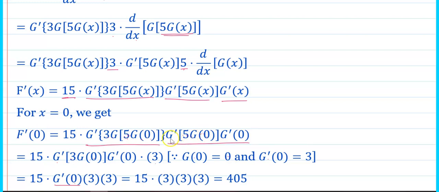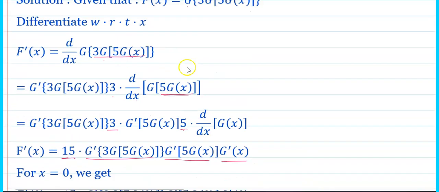Therefore overall you want to find out g of 0. Here the value of g dash of 0 is 0. What about the g dash of 0? It is again 3. Next, here g dash of 0 has come. This is 3, again 3. How many times are 3's there? 3 into 3 into 3. Okay, it is 27. 27 into 15, you are getting 405.